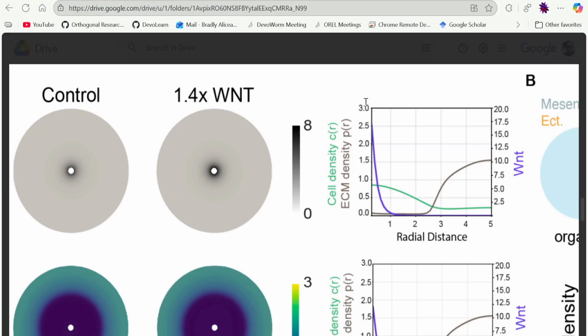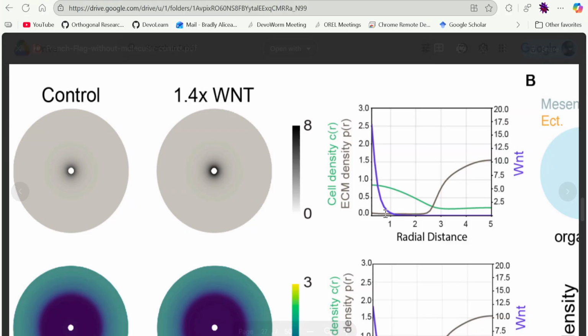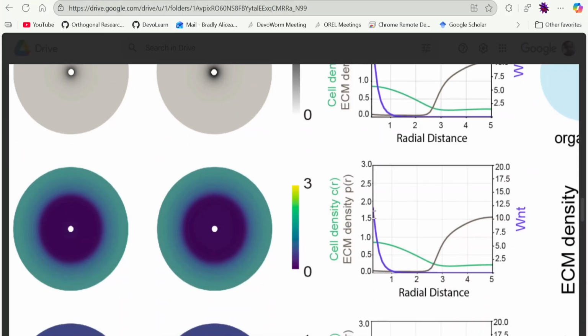So you see Wnt decreasing with radial distance, cell density decreasing with radial distance but remaining above 0, and then ECM density increasing with distance after a radial distance of 2.5. So you see the ECM density rising where cell density is decreasing. That makes sense. And then Wnt is decreasing quickly, even before cell density drops off.